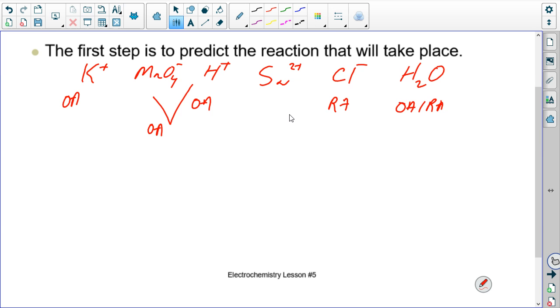Now, the common mistake here is we always forget that we'll find tin 2 as an OA. We will forget to find it as an RA. So please go through while I take my 2 minutes. Find your strongest OA, strongest RA, and write the 2 half reactions.